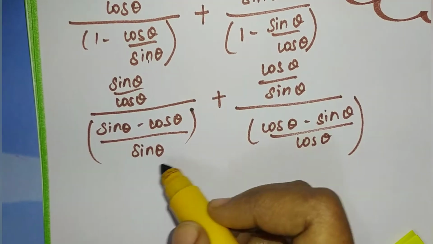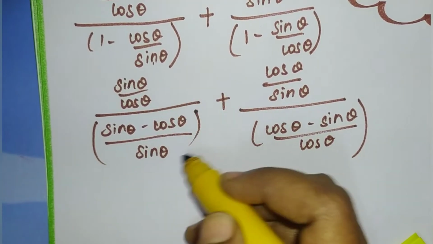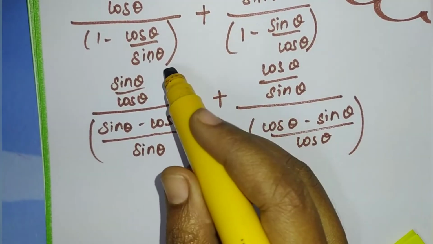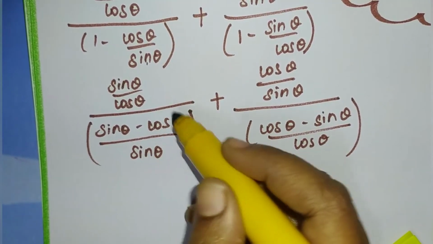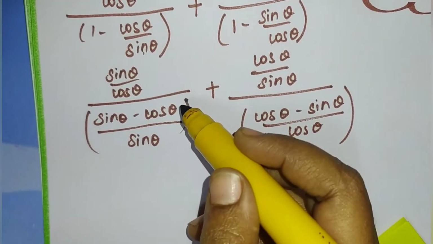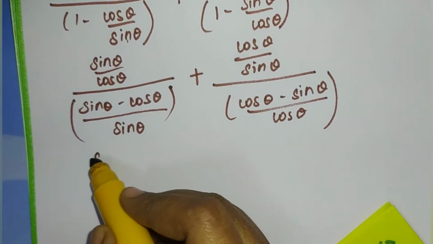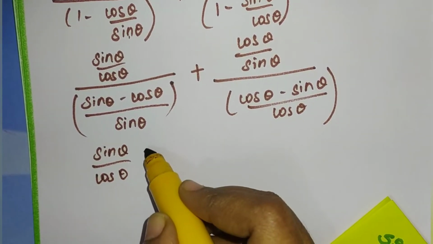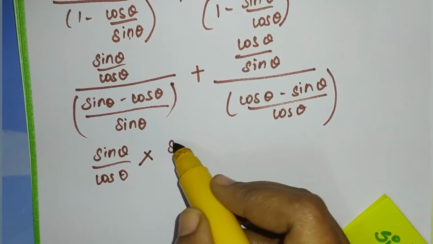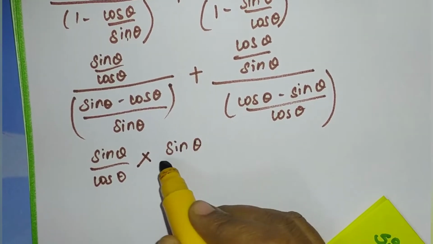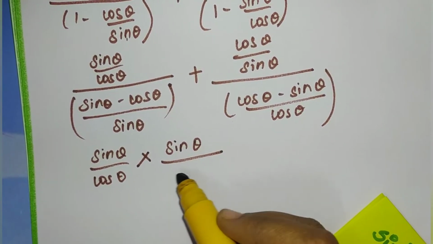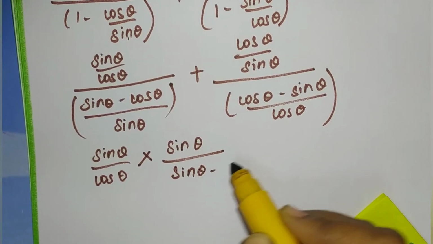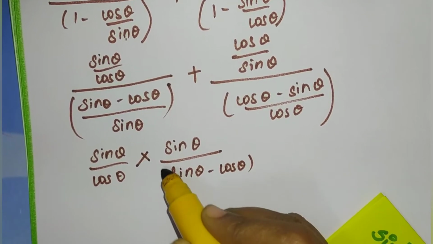If we want to multiply, means how we have to write? We have to write with a reciprocal. We have to change the numerator and denominator. Sin theta divided by cos theta, I'm going to multiply. Then you have to write in the reverse: sin theta divided by sin theta minus cos theta.